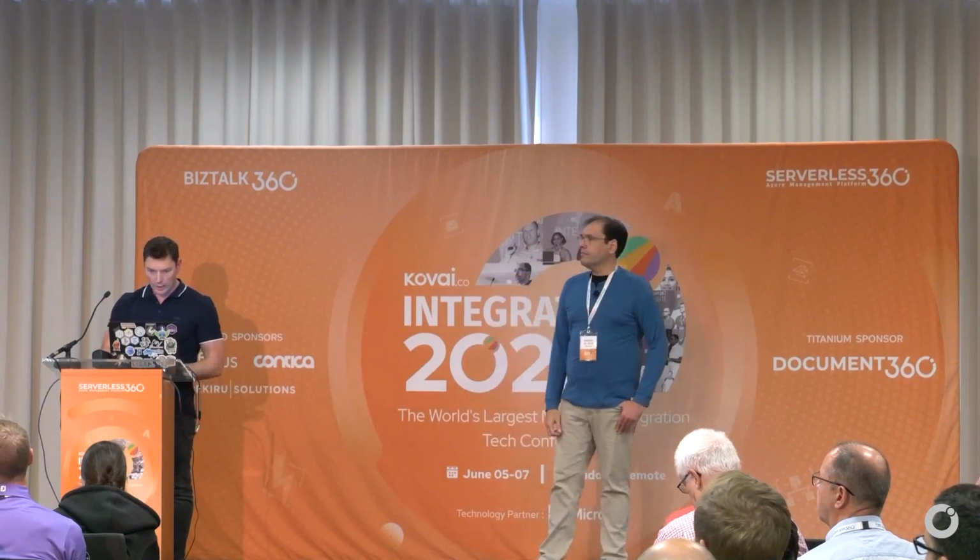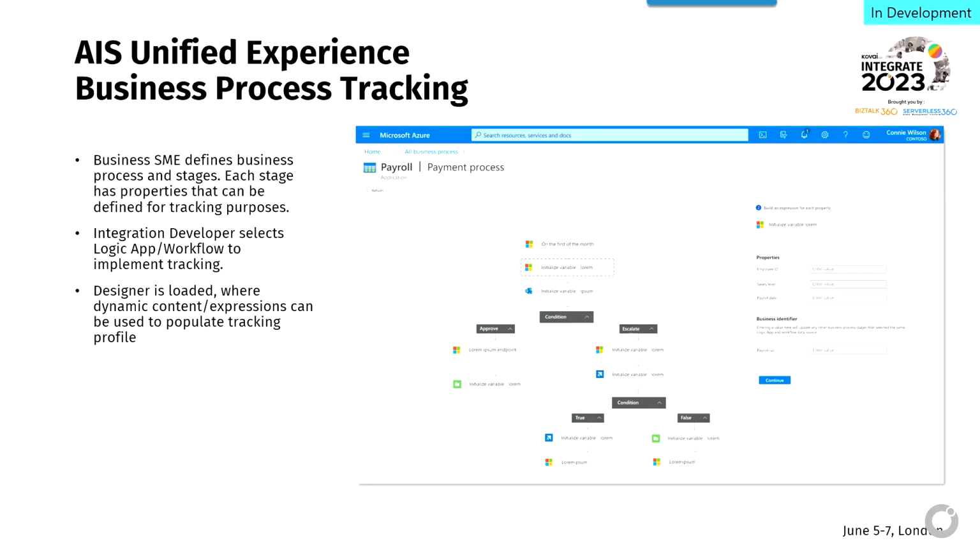The integration developers will be able to use the actual designer loaded on the screen, where they can pick the proper action and use the same expression or token picker that they are used to when they build the actual workflows.